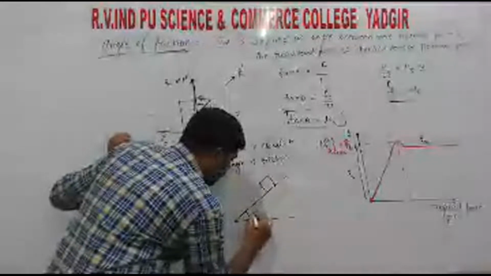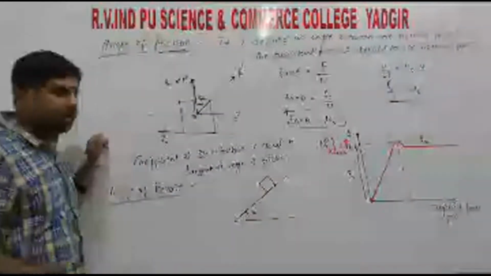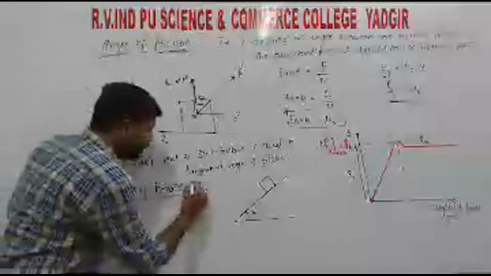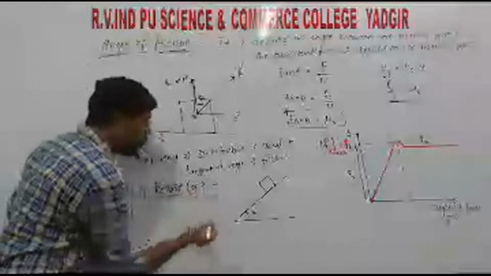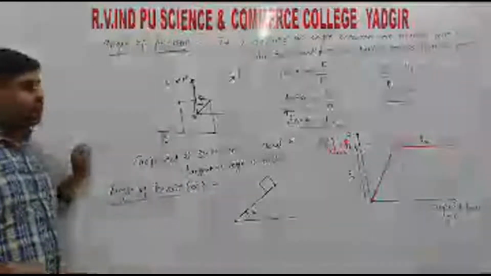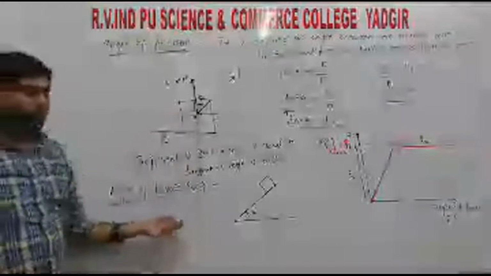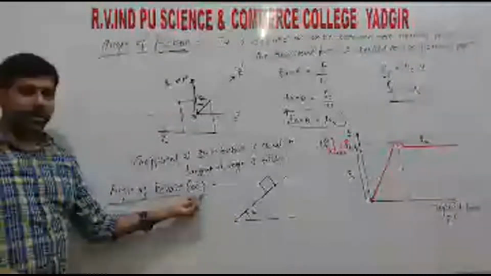So angle of repose, we denote that by alpha, right? We took theta earlier, so here we take alpha.